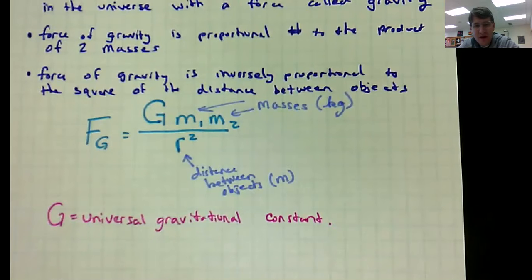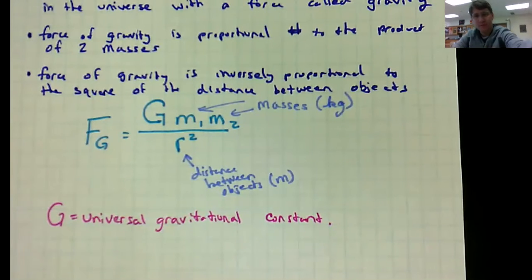The first thing I'd like to do, though, before I do that, I want to take sort of an informal poll, and you can just type your answer in the chat. I just want a vote. Do you think of gravity as a relatively strong force or relatively weak force? So just in the chat, put what you think. All right, fair enough.